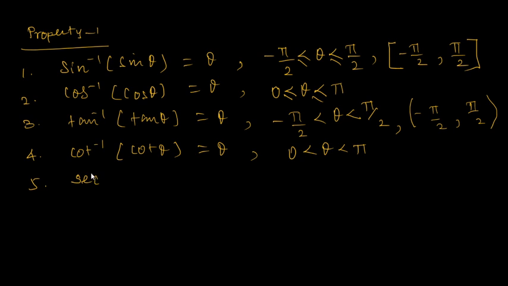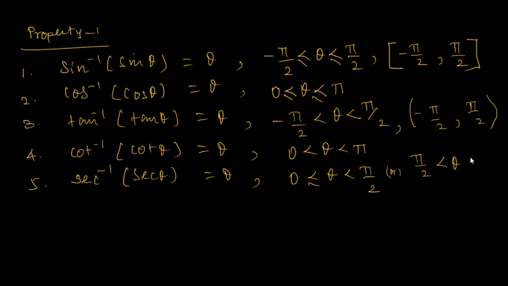So secant inverse of secant theta, that is equal to theta again, and here 0 is less than or equal to theta, as well it is less than pi by 2, or you can say pi by 2 is less than theta, that is less than or equal to pi.